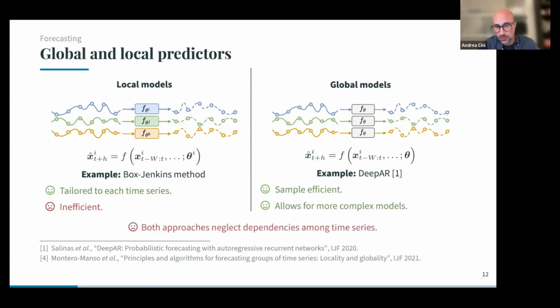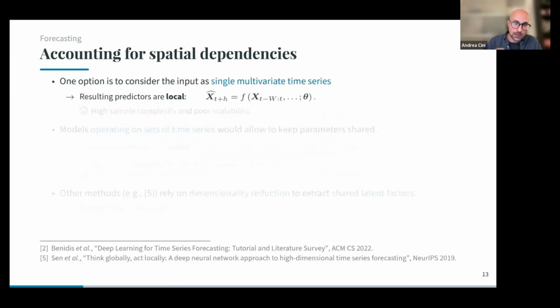The common downside of these two approaches, at least in their standard implementations, is that they both neglect the dependencies that might exist among the time series. There are a few methods that have been used in the literature to deal with this beyond the graph representations we will be talking about later.